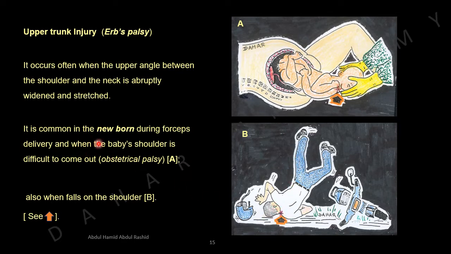It is common in the newborn during forceps delivery and when the baby's shoulder is difficult to come out, that is obstetrical palsy. The neck and shoulder become widened and stretched. It also occurs when one falls on the shoulder. See here, the shoulder and neck angle become widened and stretched. See the arrow.